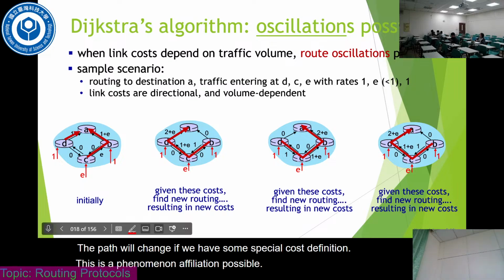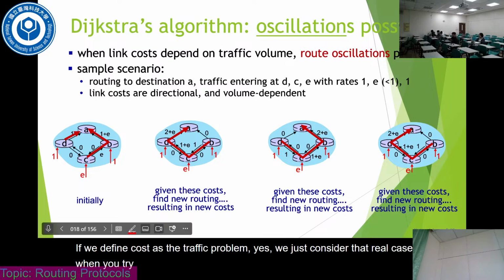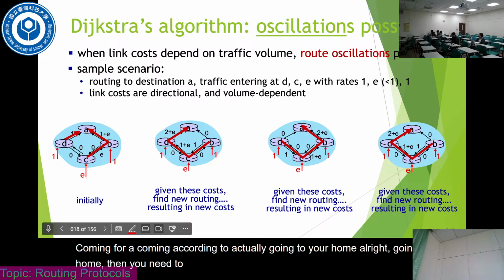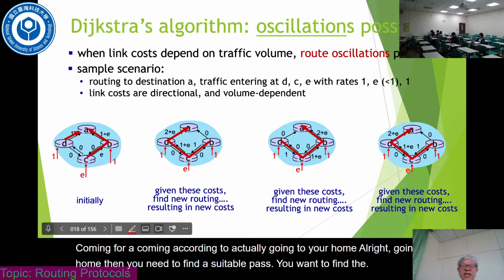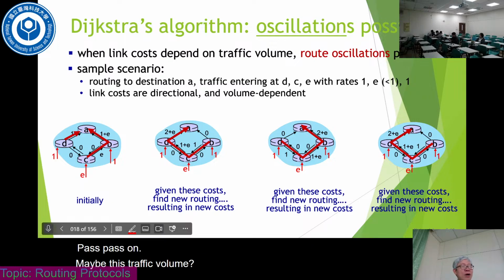If we define cost as the traffic volume, consider the real case when you try to find a path in daily life, going home, then you need to find a suitable path. You want to find the path based on the traffic volume, and that will cause the oscillation, based on the traffic load.